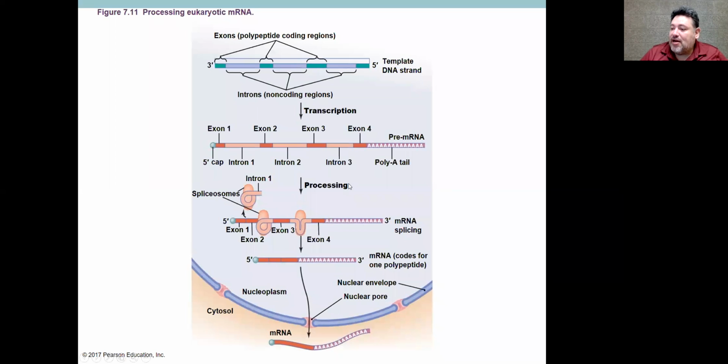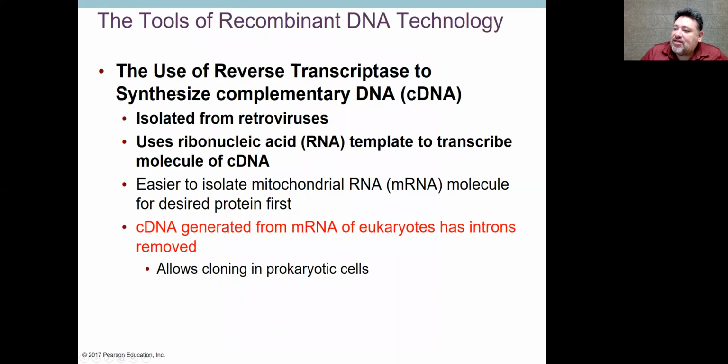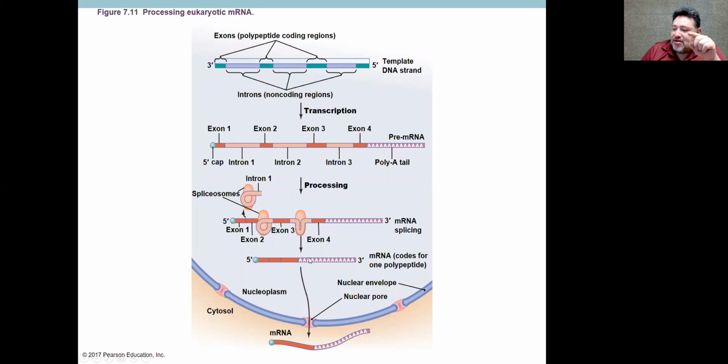Now what? Well, now we can take this messenger RNA, apply this reverse transcriptase, and if you remember, RNA is single-stranded. It's not double-stranded like DNA. So this reverse transcriptase will make a complementary strand of DNA in a 5' to 3' direction over here. And then you end up with a different abomination because now you have two strands, but one is DNA and the other one is RNA.